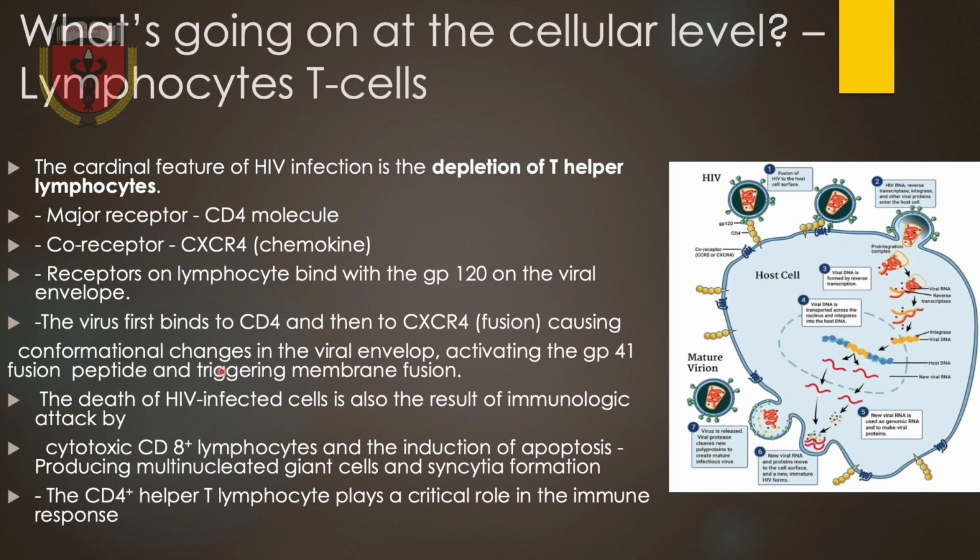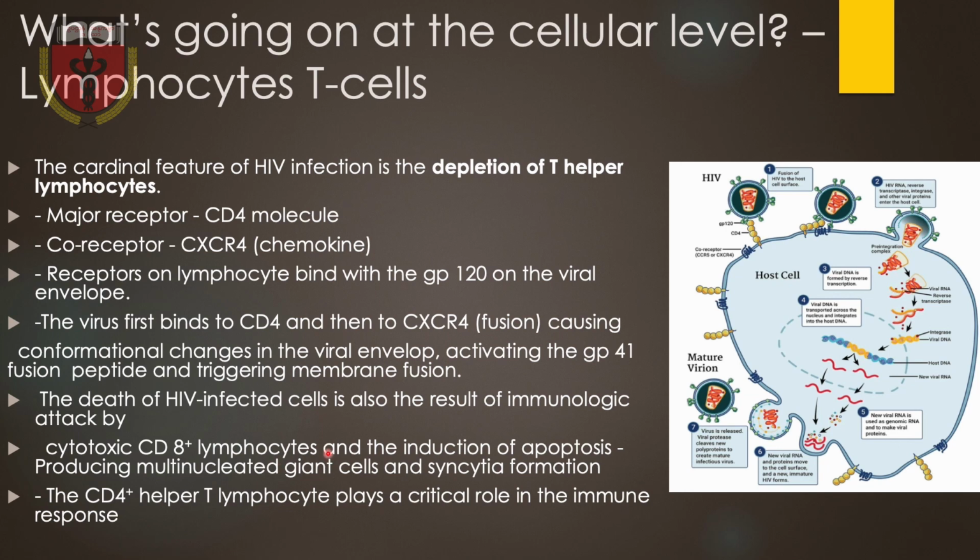And so the death of HIV infected cells is also because of the immunologic attack. Why? Because CD4 are helper T cells. On the other hand, CD8 T cells are cytotoxic T cells. So as the name implies, cytotoxic, they pretty much blow up any cells infected with organisms, for example here HIV.